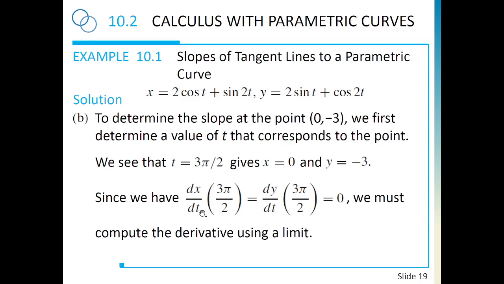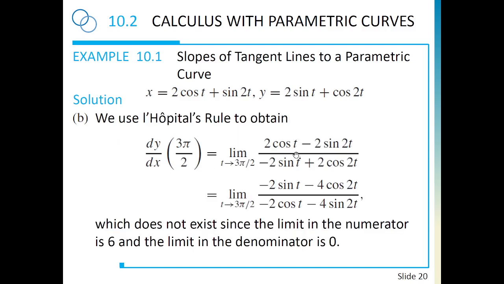Unfortunately, at this moment in time, both derivatives are 0, so we have 0 over 0. So we have a problem with computation of the slope. So now what do we do? Well, in the case we have 0 over 0, we will use the limit and L'Hopital's rule. So basically, we have our slope here, dy/dx, and we need to compute the limit when t is going to 3π/2.